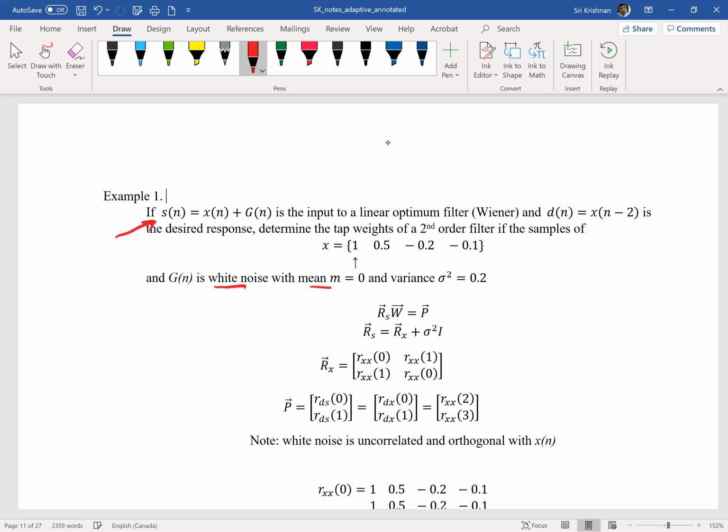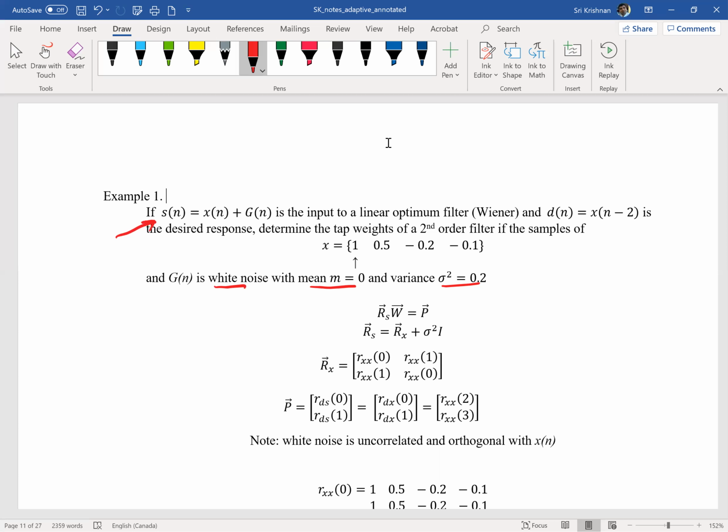White noise, by definition, has the mean to be 0 and the second order variable, the variance, to be 0.2 in this case. So we assume the variance to be 0.2.